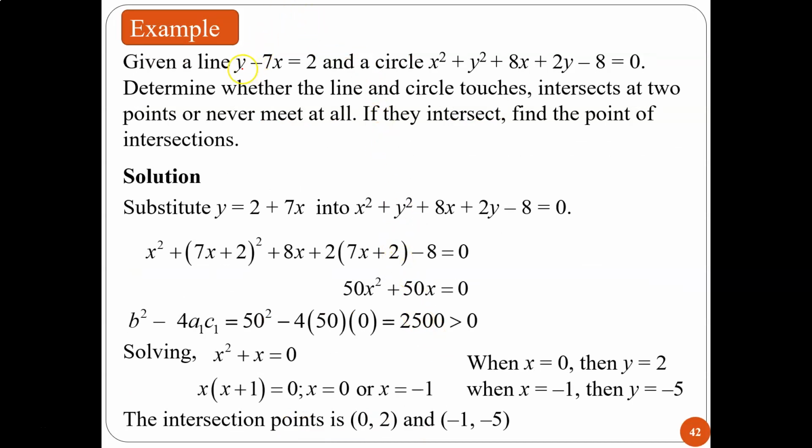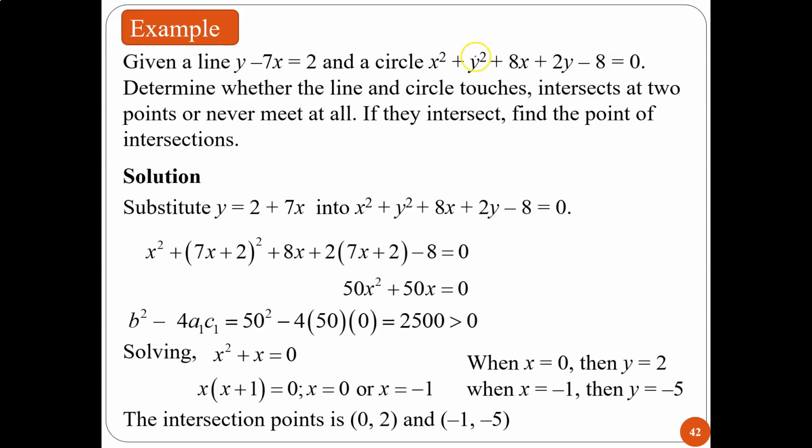Given a line, this is a straight line, y minus 7x equals 2. And a circle, this is the general form of the circle. Determine whether the line and circle touch. Determine whether the line and circle touch, intersect at 2 points, or never meet at all.